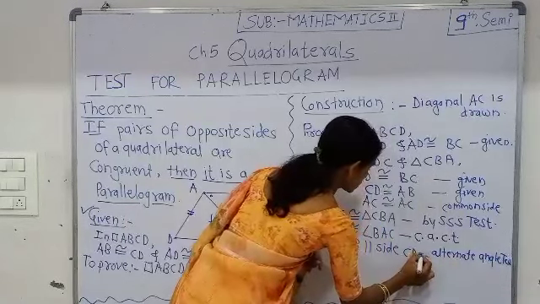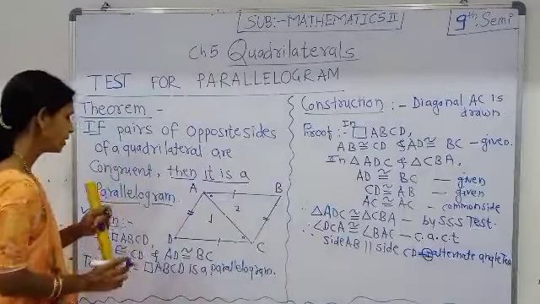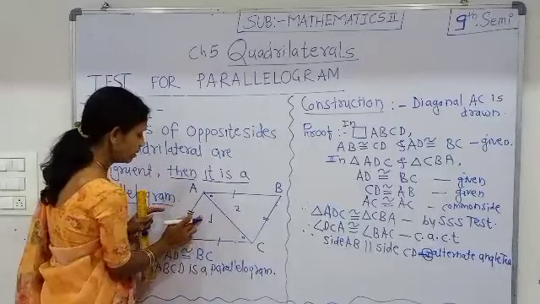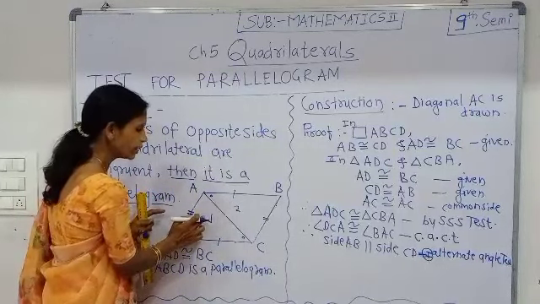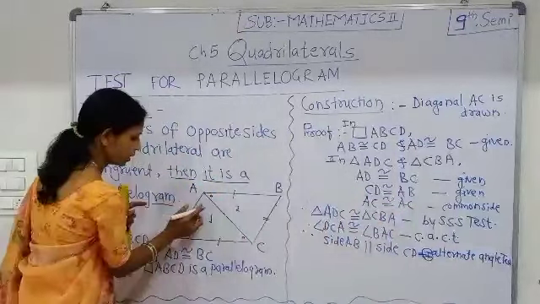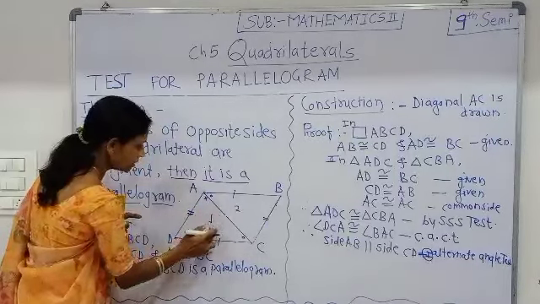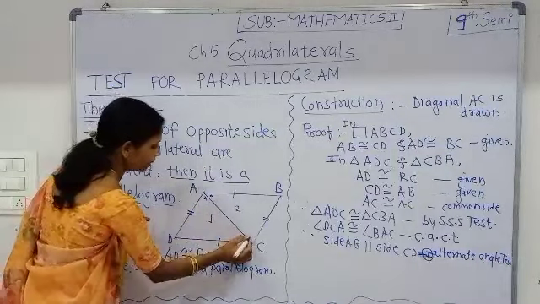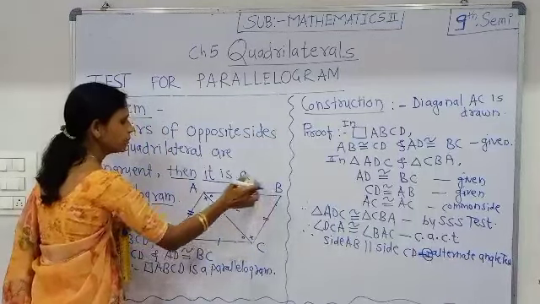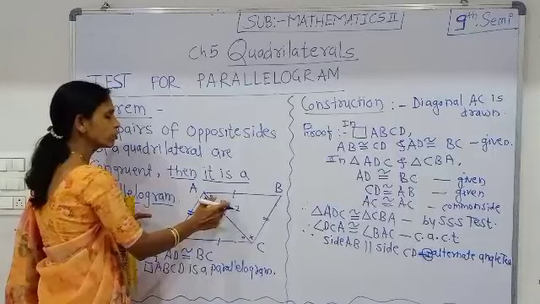Consider this as the first equation. Then again, those two triangles are congruent by the test. Therefore, this angle of triangle CDA and this angle of triangle CBA are also congruent, because those two triangles are congruent.